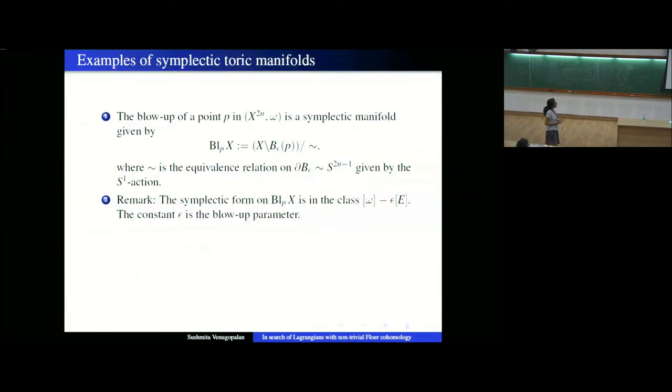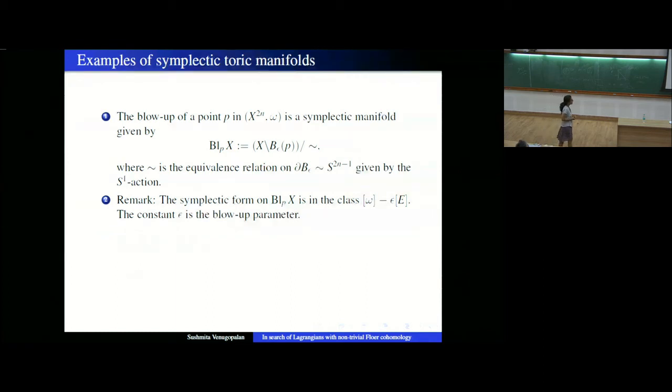Okay, so a blow up. Yes, so if you want to blow up a point in a symplectic manifold, the way one does it is you delete a ball around that point of radius epsilon, where epsilon is some small constant. So this is a Darboux ball centered at P, and after removing this ball, you're left with an S^(2n-1) boundary, and you quotient that boundary by the S1 action, and that's the blow up.